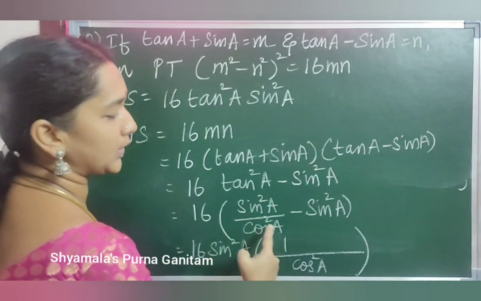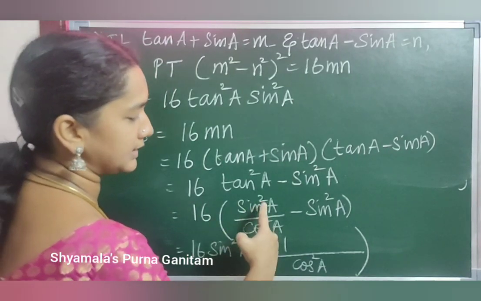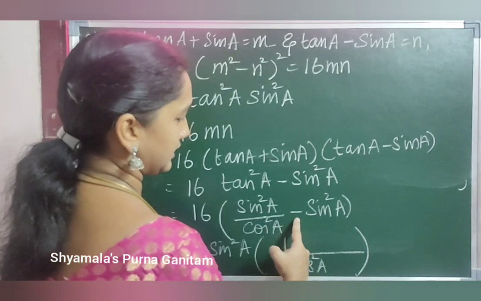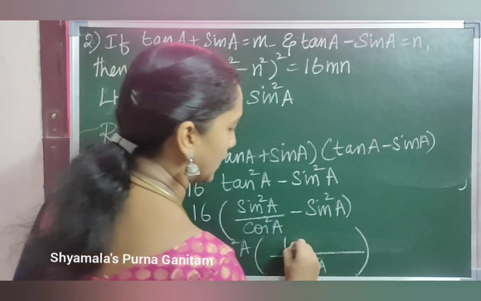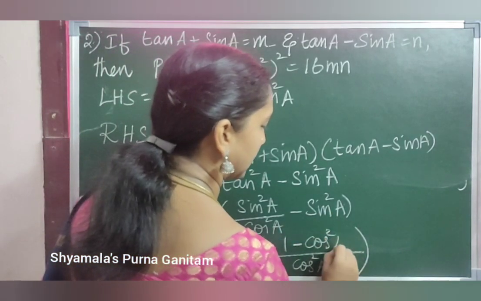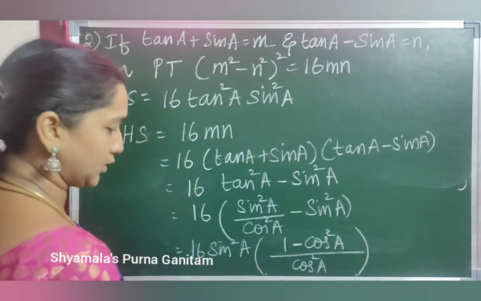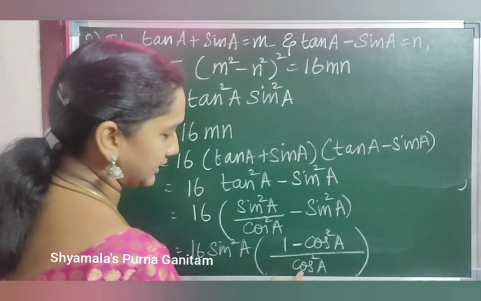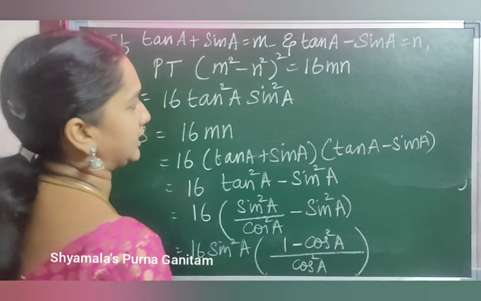If I take sin squared A out, the balance is 1 by cos squared A minus 1. So I will get 1 minus cos squared A. Understood? So again this cos squared A, I am bringing it here.